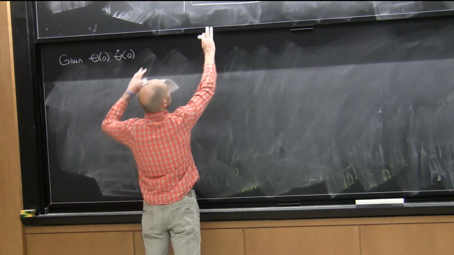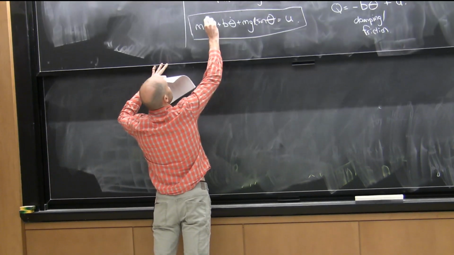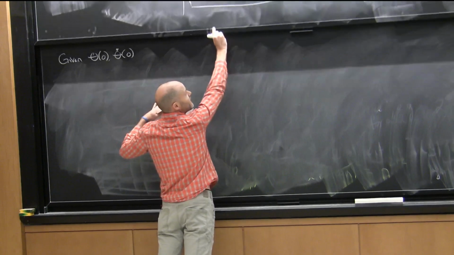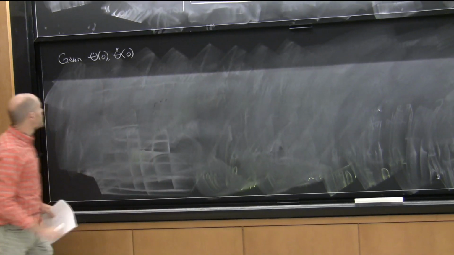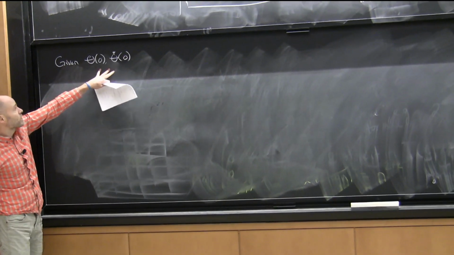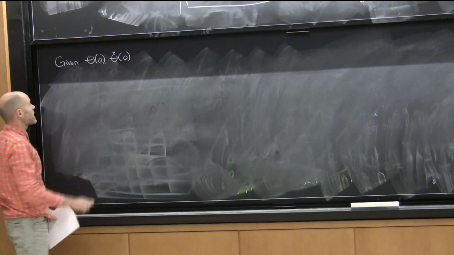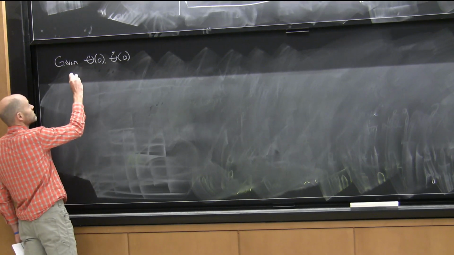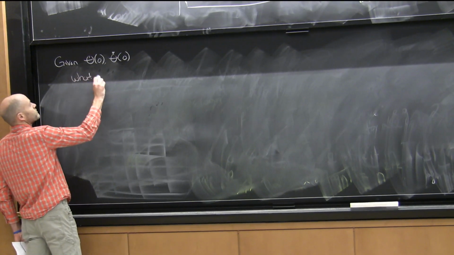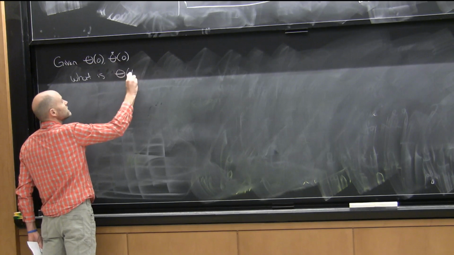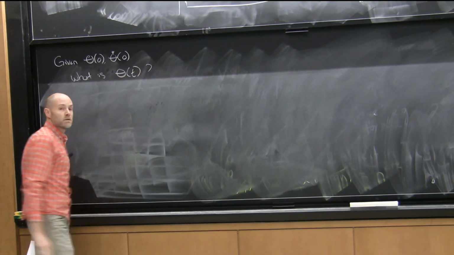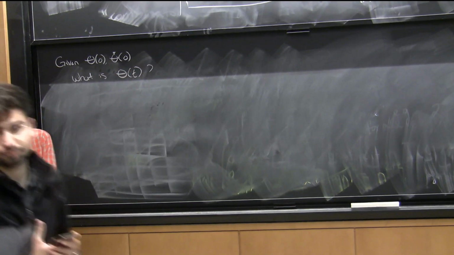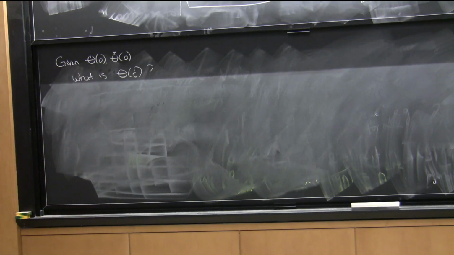Oh, good, thank you. I put a box around it, I gotta have it right. So given my initial conditions, then it seems like a reasonable question in a differential equations class to say, you tell me what is theta of t? That's the standard stuff of differential equations, right?